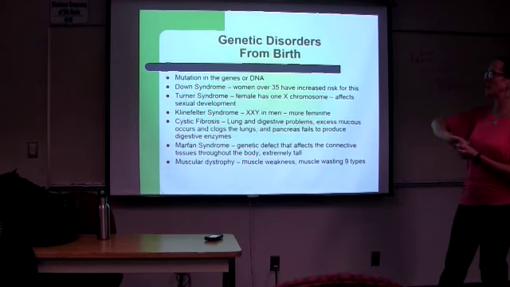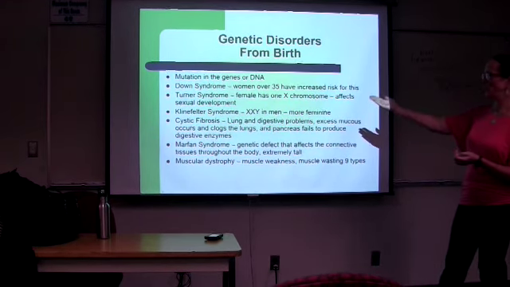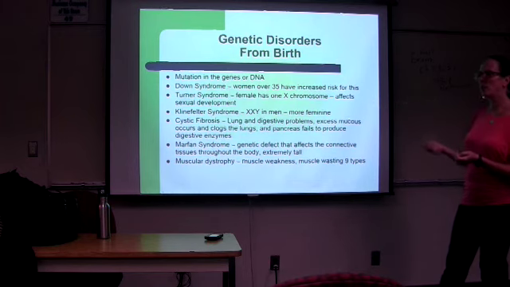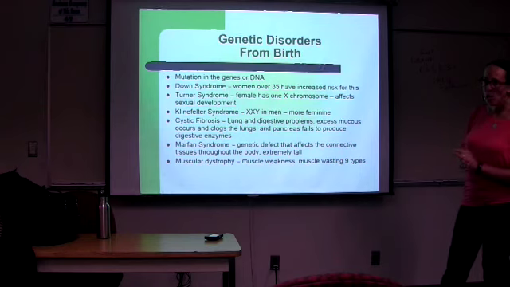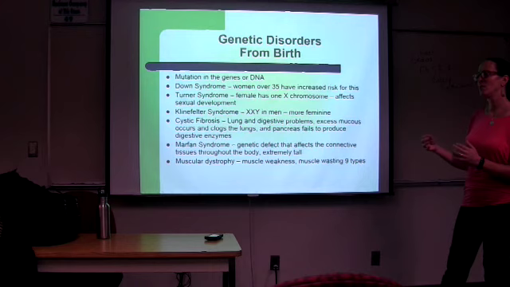We'll get into the specifics of it in the future. For example, Turner syndrome, a female only has one X chromosome when she should have what? 2, and that creates certain characteristics for her. Klinefelter, XXY, in a male actually creates a more effeminate male. They'll have smaller genitals, they'll actually have the creation of small breasts, tall and thin in stature.